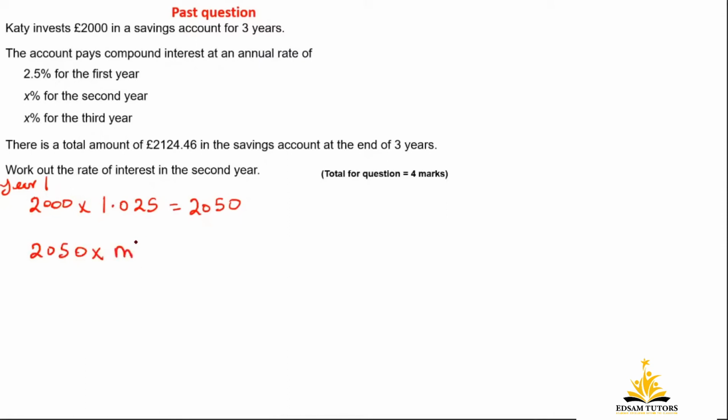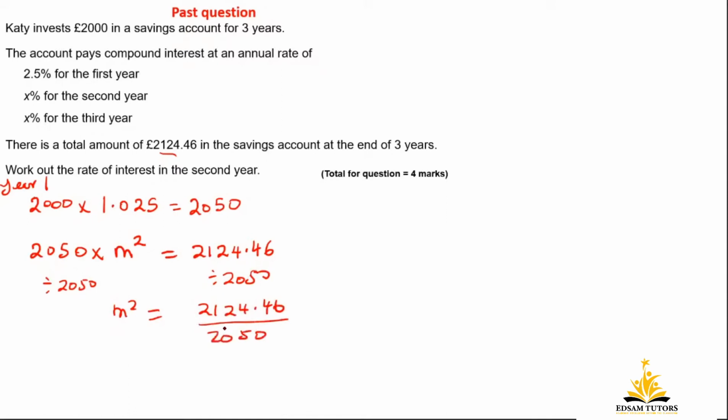Now, subsequent years, we are going to invest 2,050 at m to the power of 2 for 2 years. So again, our multiplier is m. And we've been told that that gives us 2,124.46. So let's work backwards. Divide. So m squared gives us that over that.